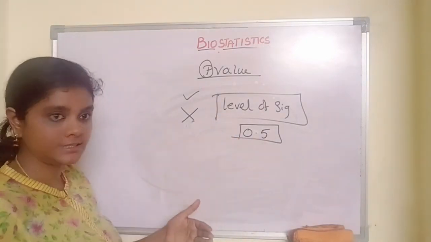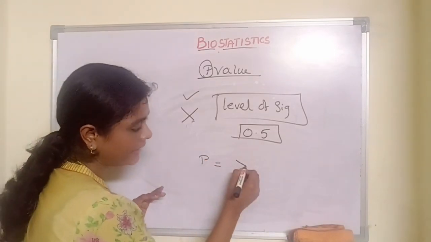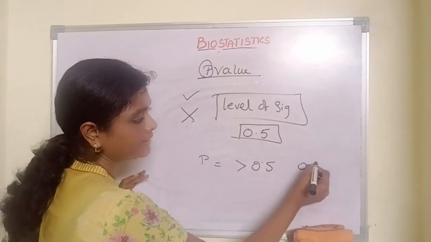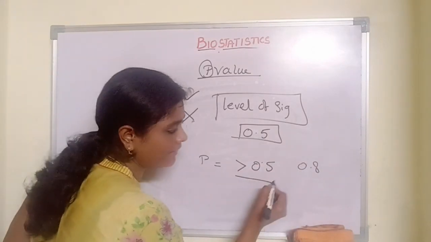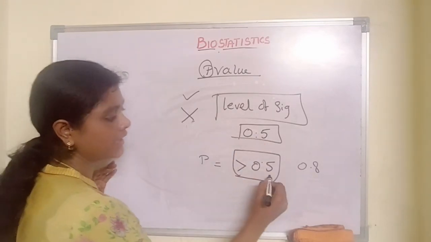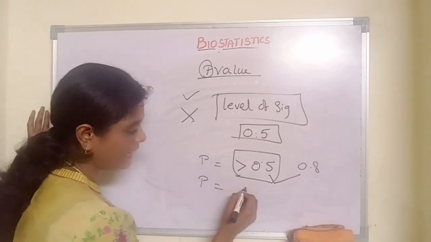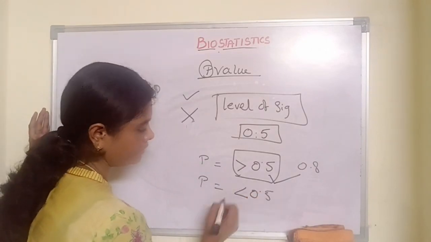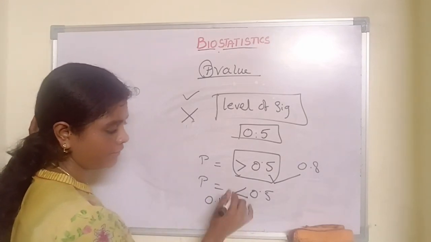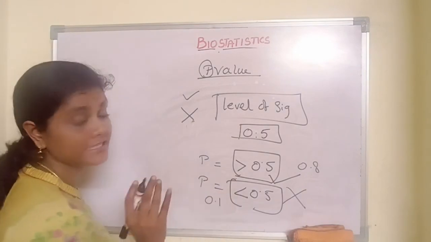Now, after the research, if your p-value is greater than 0.5, it may be 0.8, then for any value greater than your level of significance, your null hypothesis is accepted. If you got a p-value less than 0.5, maybe around 0.1, then your null hypothesis is rejected.